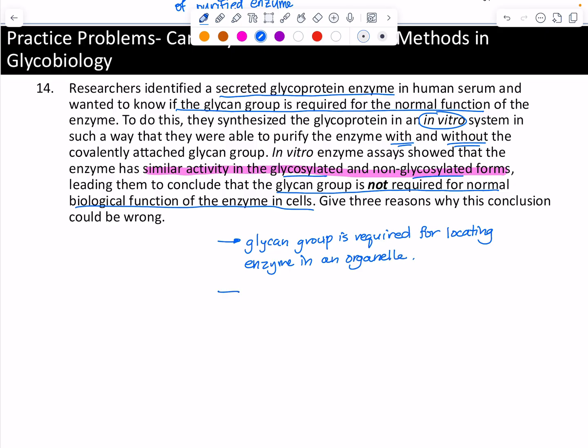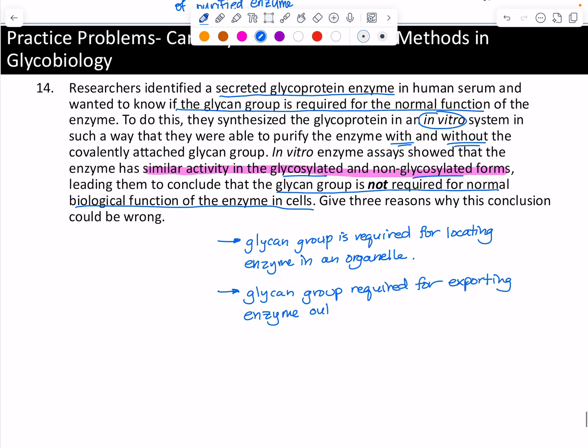Or maybe the glycan group is required for exporting the enzyme. And maybe this is an enzyme that needs to be exported to do its job within the organism, okay?